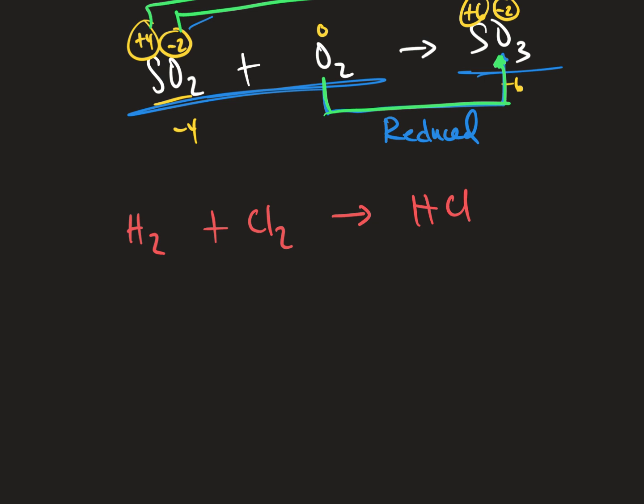Okay, what is the oxidation number for hydrogen in hydrogen gas, H2? 0, right? What is it for chlorine in chlorine gas? Also 0. Then is this a covalent compound or ionic compound? Yeah, it's covalent.